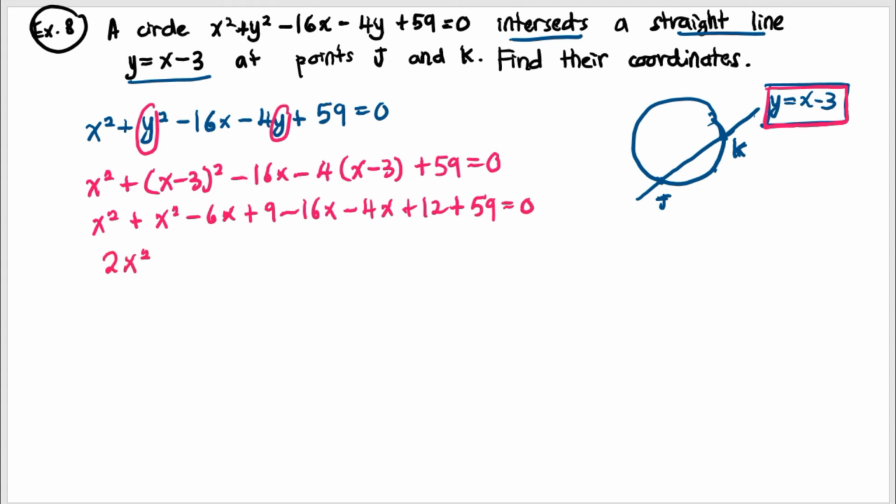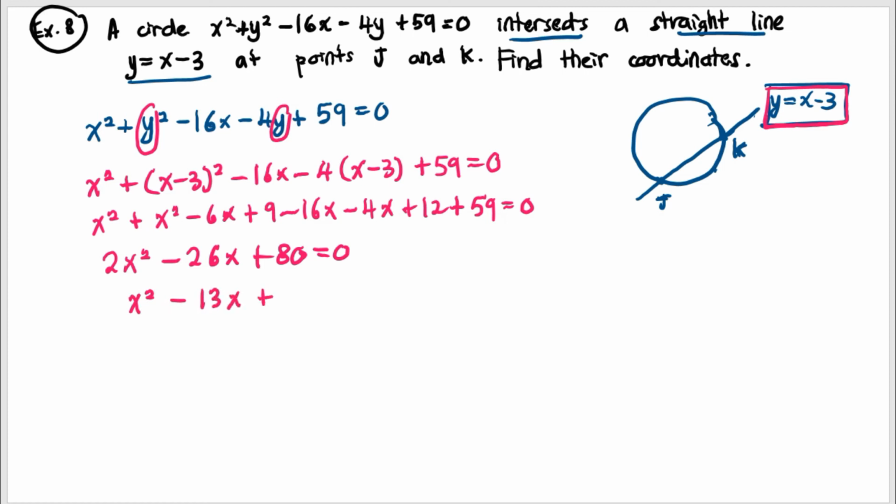Simplifying this, you'll get 2x². Now collecting those negative terms, −6x, −16x and −4x, we get −26x, and then 9 + 12 + 59 gives 80, which is equal to 0. Now we need to solve this quadratic equation, so we can factorize out 2.